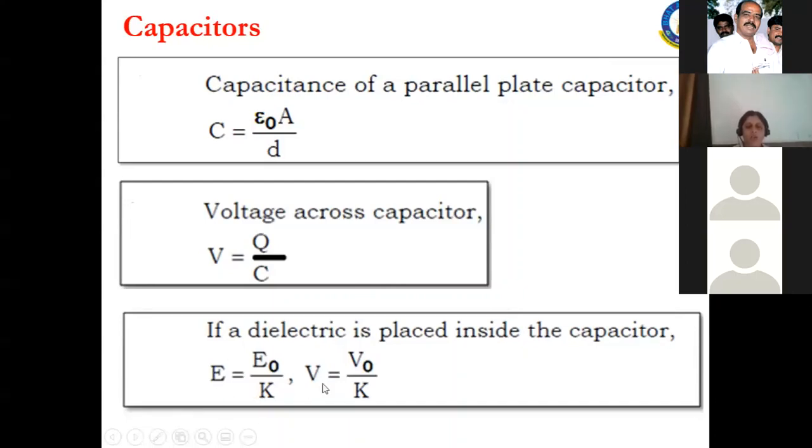The energy stored and the voltage across the capacitor decrease when a dielectric other than air is introduced between the plates. This decrease happens because when the dielectric is introduced, it generates its own electric field, which reduces the effect on the plates of the capacitor. That field is in a direction opposite to the field which is actually present, so there is a reduction in the voltage as well as the field.